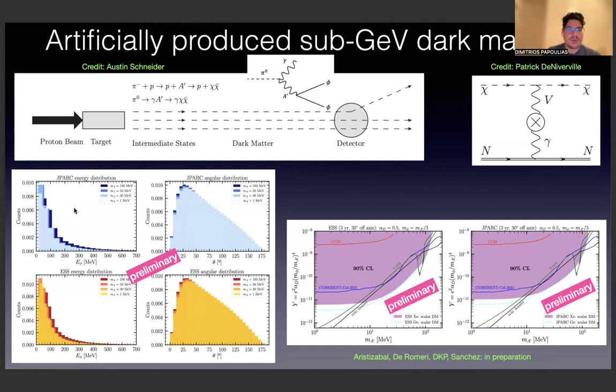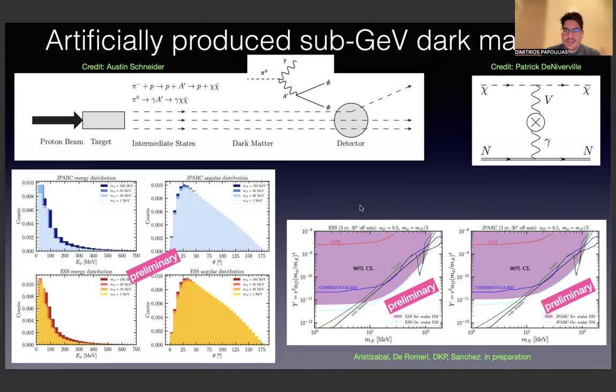We are able to reconstruct the expected dark matter flux in the energy and angular space. And we assume two examples, the two facilities, J-PARC in Japan and the European Spallation Source.